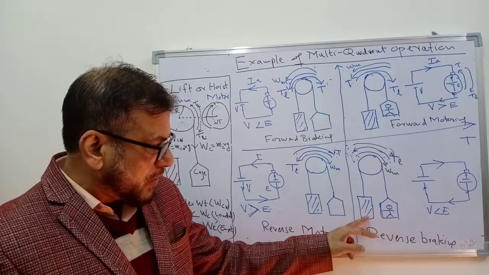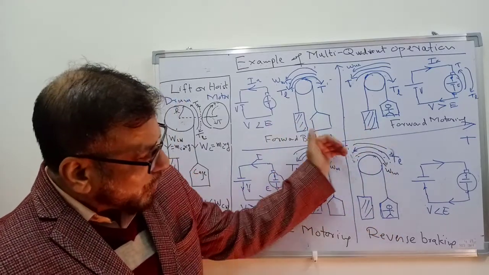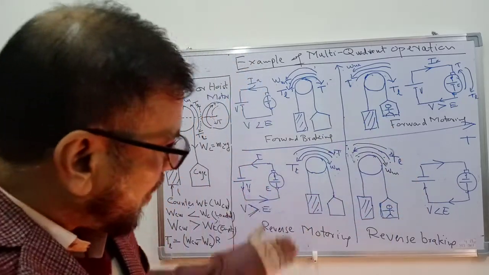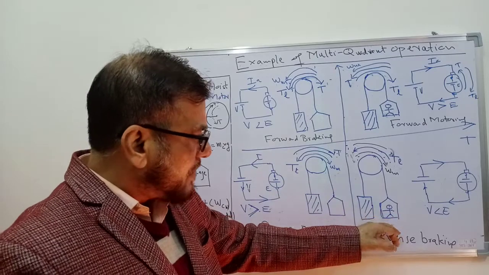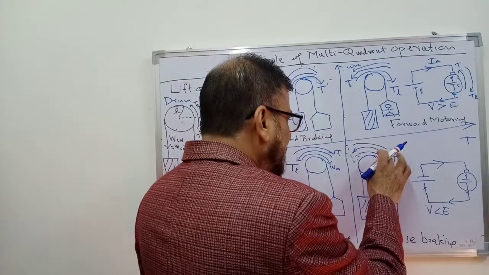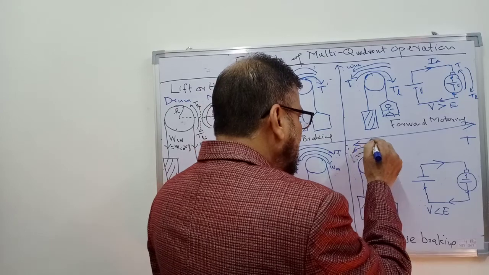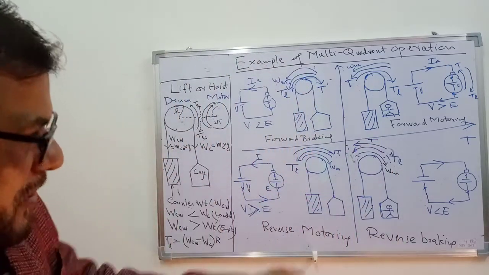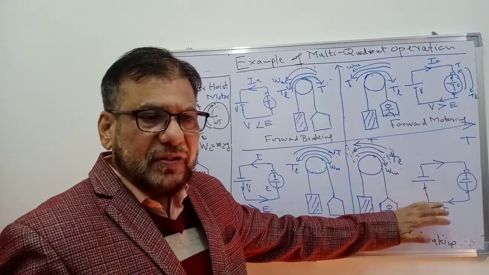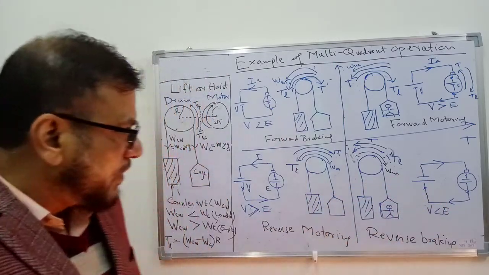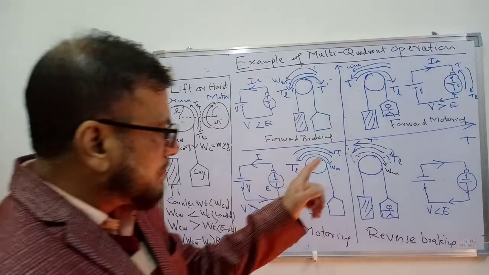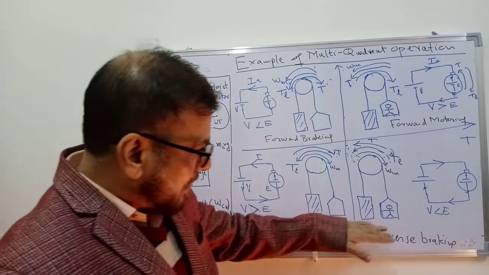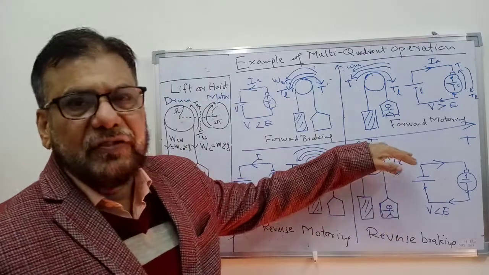The weight of this cage is more than the counterweight, so the load torque is in the direction of the desired speed. So the load torque will drive the cage, whereas we have to produce a counter torque from the motor, so that the speed of the cage is maintained within safe limit at the desired speed. So we have to maintain such a value of torque here, so that the cage moves at a safe speed.